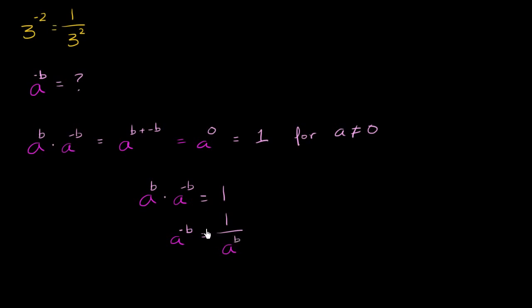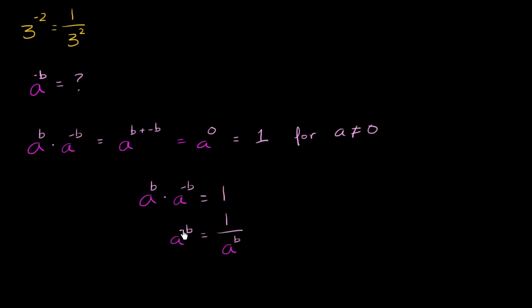I just want to review this, and it's really important to keep in mind, because when you see a base to a negative exponent, there's a temptation to somehow introduce a negative number. But a negative exponent is really about taking the reciprocal. So you're taking the reciprocal of this number raised to the positive exponent.